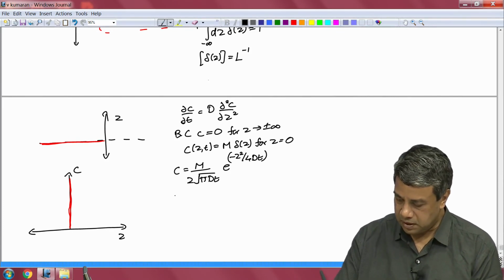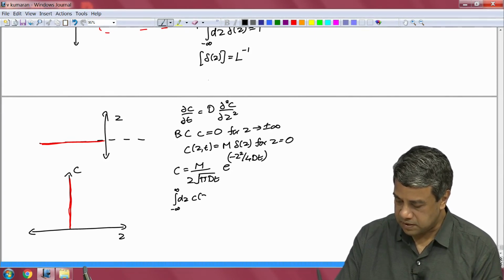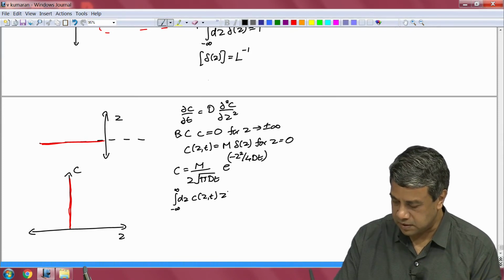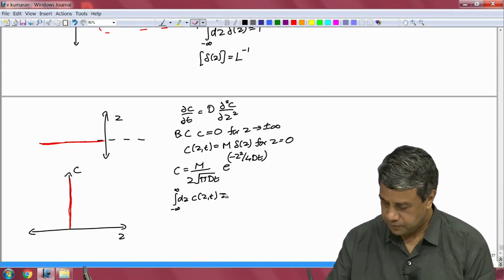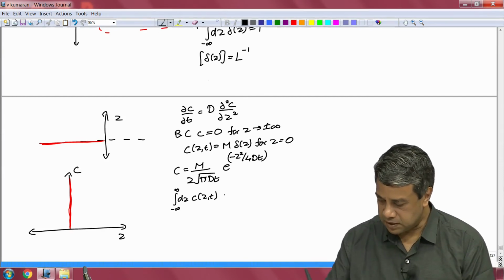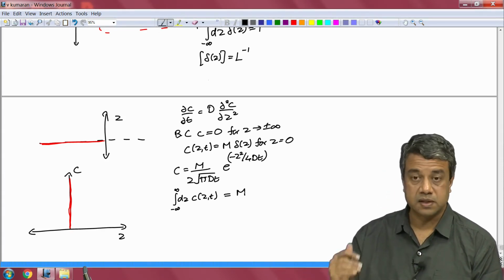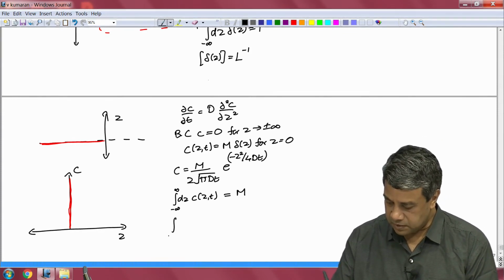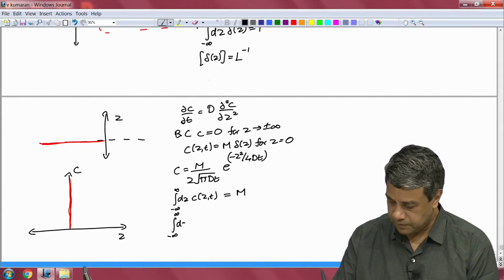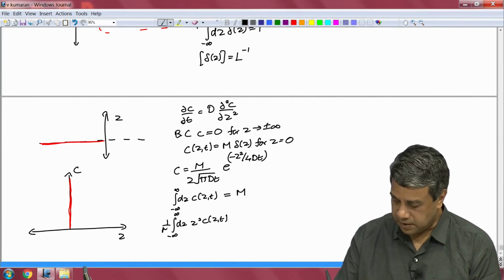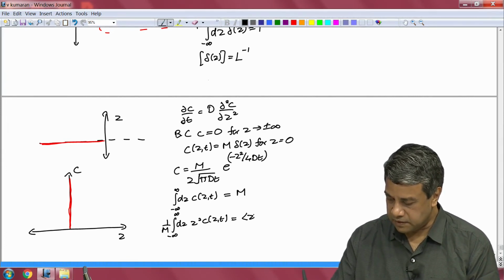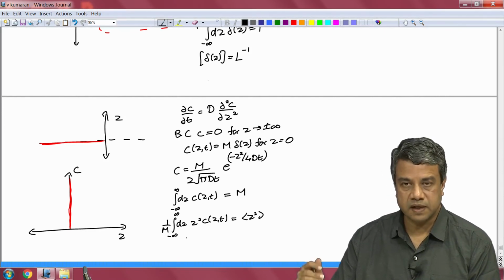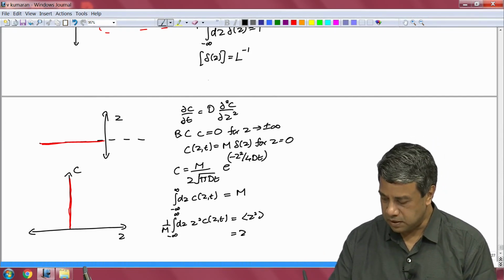The integral from minus infinity to infinity dz of c of z, t is a constant, equal to m, the original mass that was injected per unit area. And the spread of the distribution, the integral of z square c of z, t divided by m, which is the average of z square, the variance of the distribution function, is equal to 2 Dt.